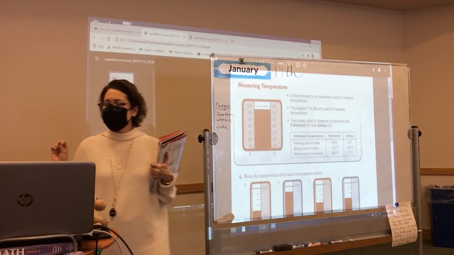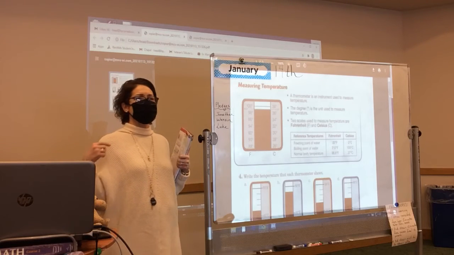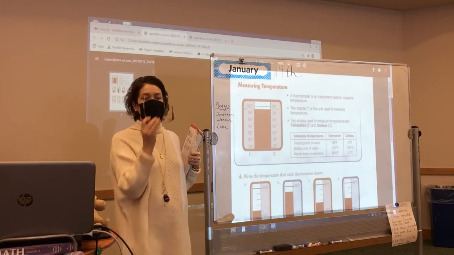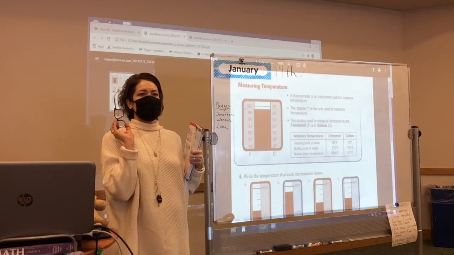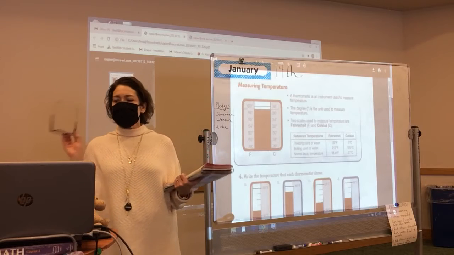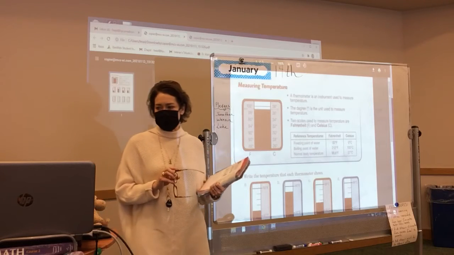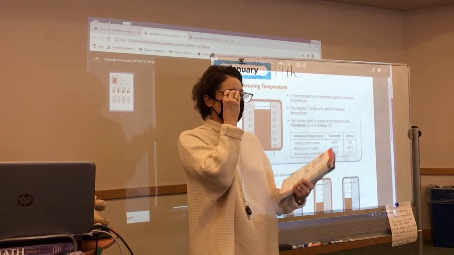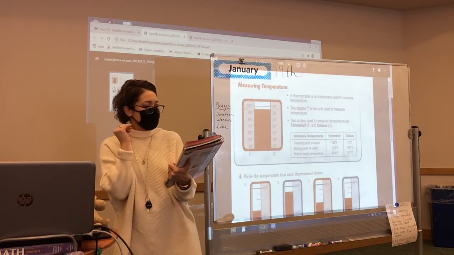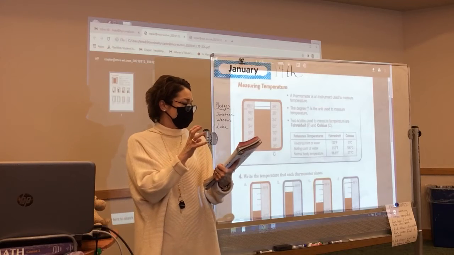Who remembers the most popular choice of a scientist, Celsius or Fahrenheit? Correct. But we are going to be dealing with Fahrenheit because that is the choice of Americans. We are one of the few who use Fahrenheit for our temperature gauge.